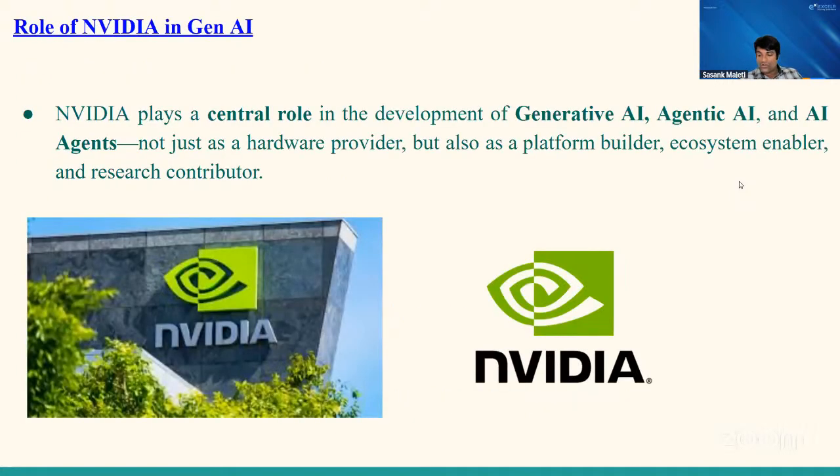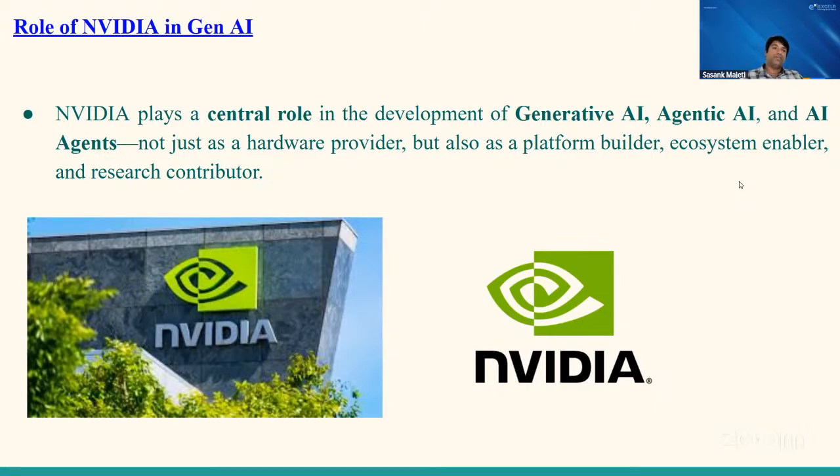Now, let us go to the big part of today's session, which is the role of the company Nvidia in generative AI. When we talk about generative AI, many people don't know that what powers generative AI is Nvidia. There is also AMD, which contributes to generative AI. But I just wanted to take Nvidia, because it is personally my favorite also.